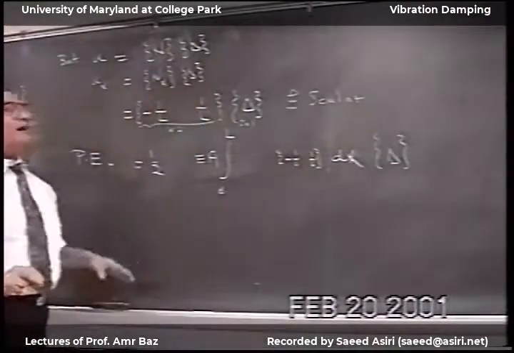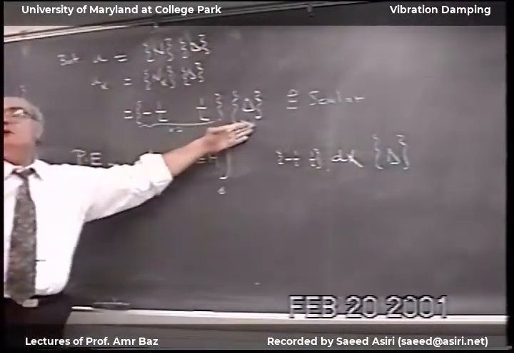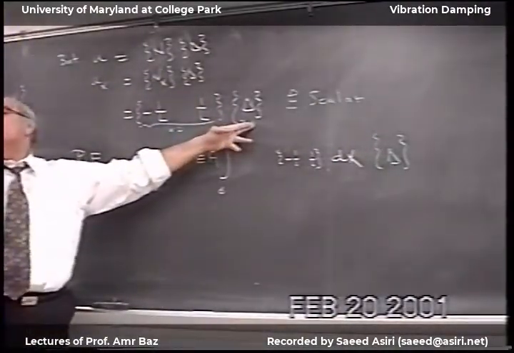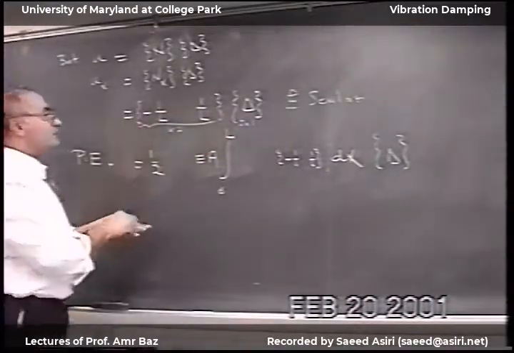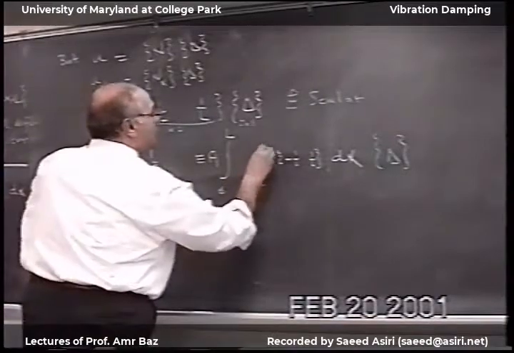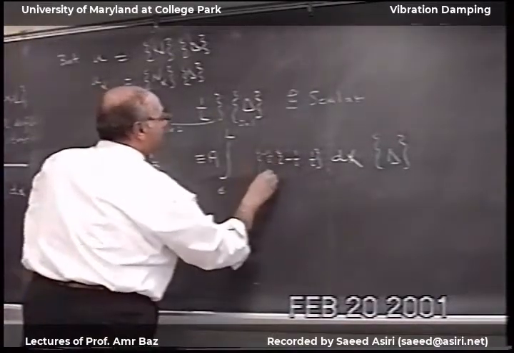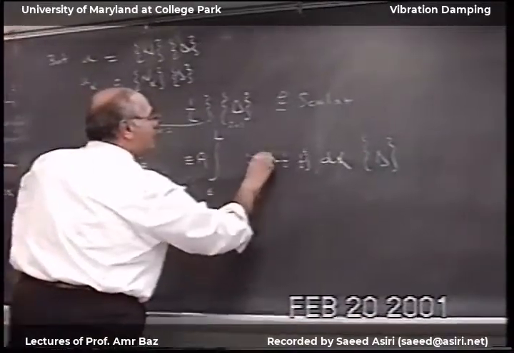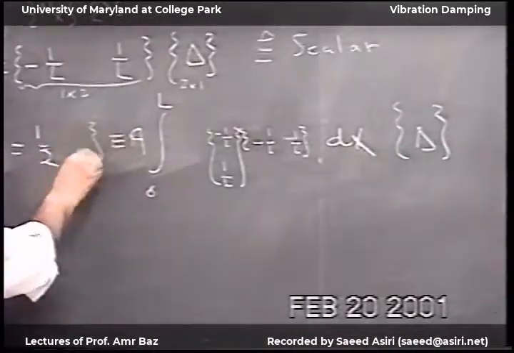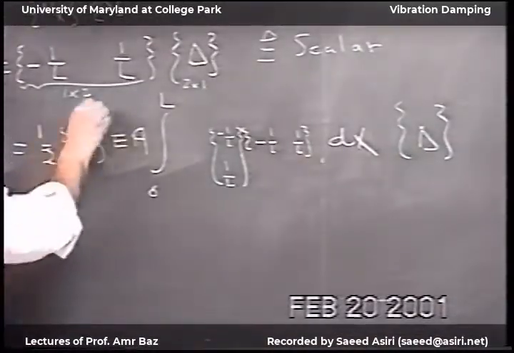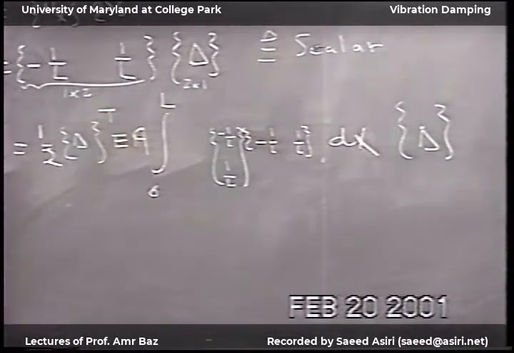So I can write a scalar like this, or I take the transpose of a scalar, still a scalar. So the transpose of this will be minus 1 over L, 1 over L, and then delta transpose.